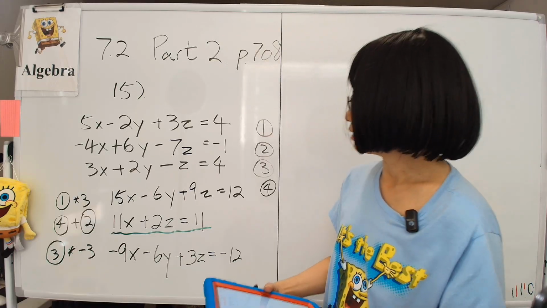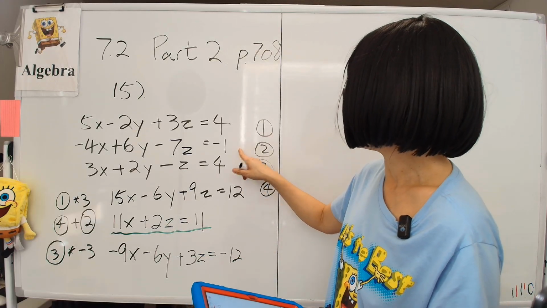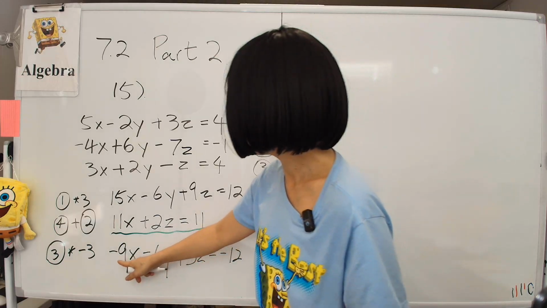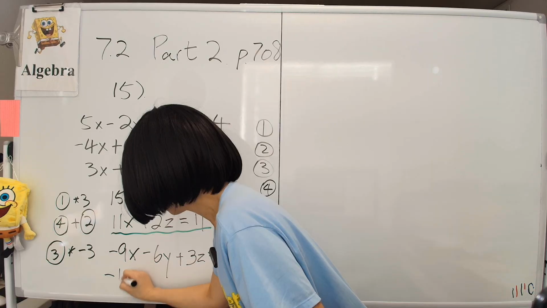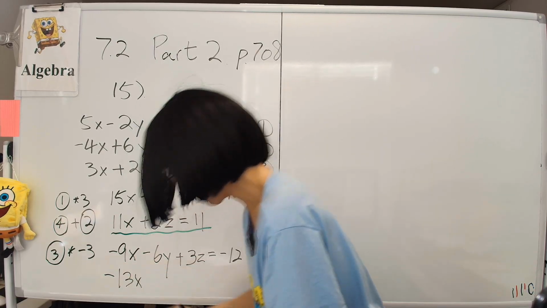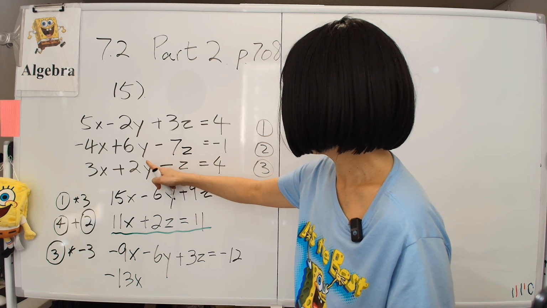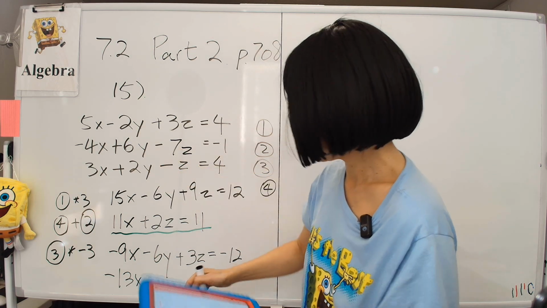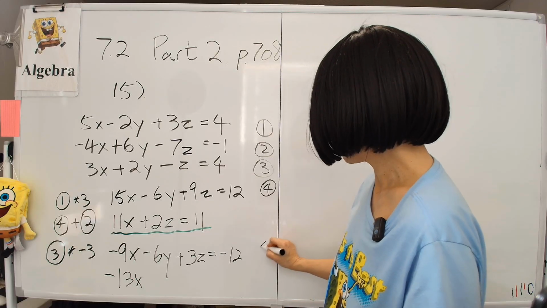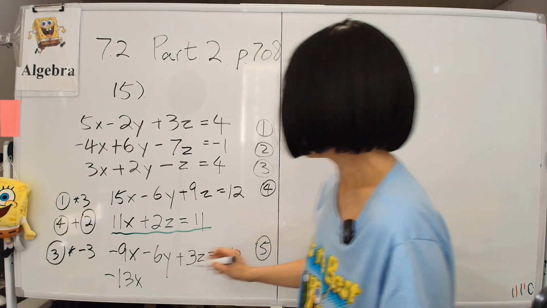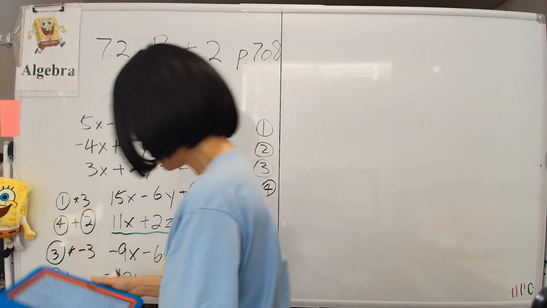And then we're supposed to add this to equation 2. We'll call this equation 5, and we're doing equation 5 added to equation 2.